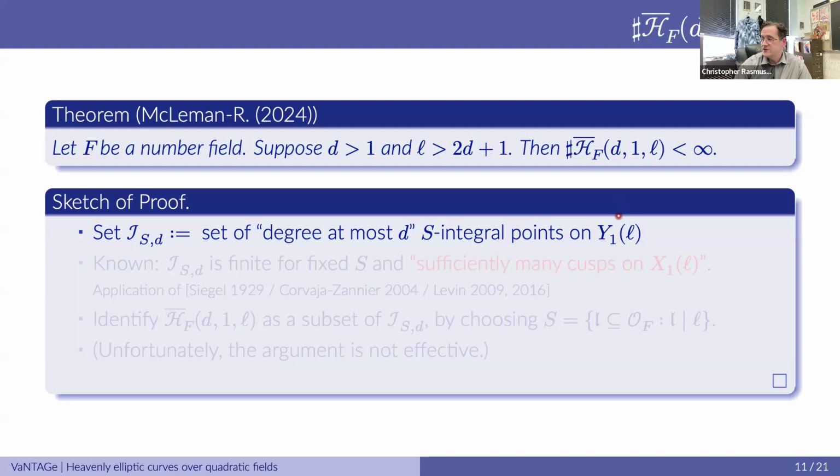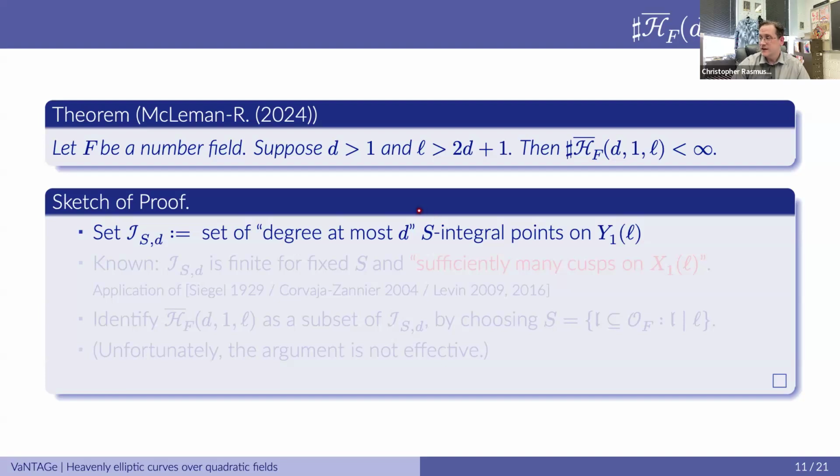Because of the moduli interpretation, we have a good understanding of what an S-integral point would be on this modular curve. For example, if I take S to just be the prime L, then S-integral points on Y1(L) are going to correspond to elliptic curves which have good reduction away from L and possess a rational L-isogeny. And that is essentially exactly the constraints we would need in order to have a heavenly elliptic curve.